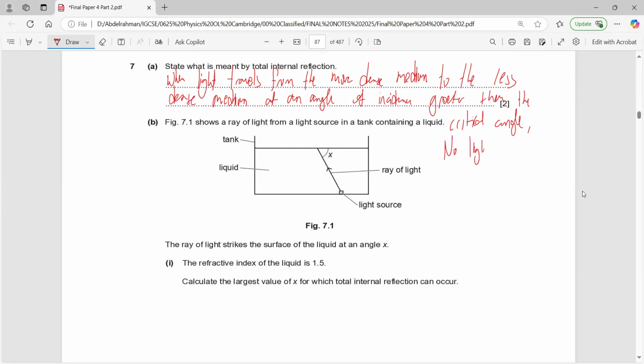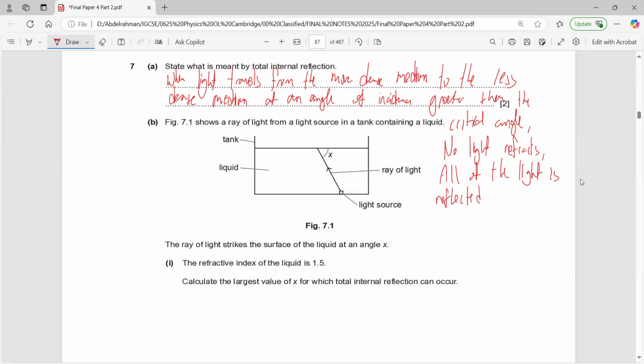All of the light is reflected back into the medium. Total internal reflection.